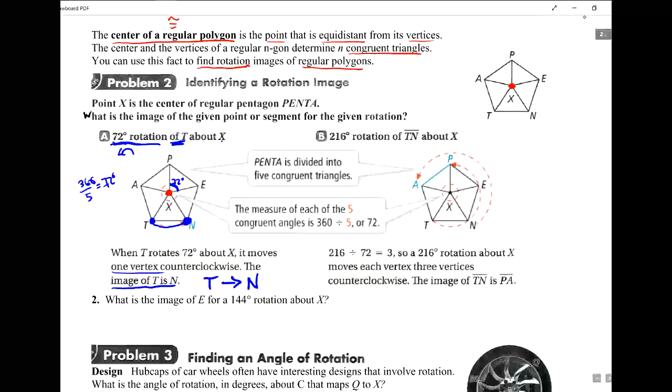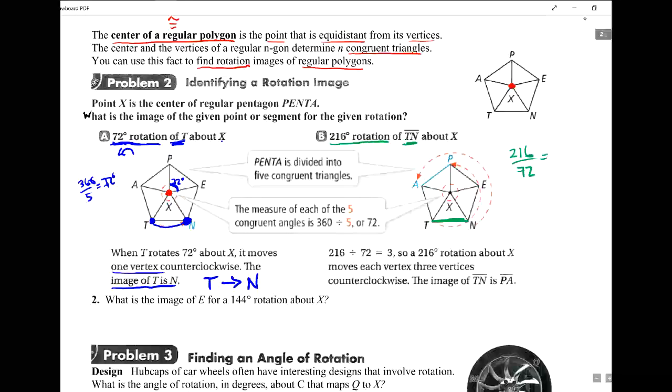All right, the next one says a 216-degree rotation of segment TN about X. So I'm going to move segment TN and I'm going to rotate it around. And how do I get 216 degrees? Well, is 216 a multiple of 72? Let's find out.